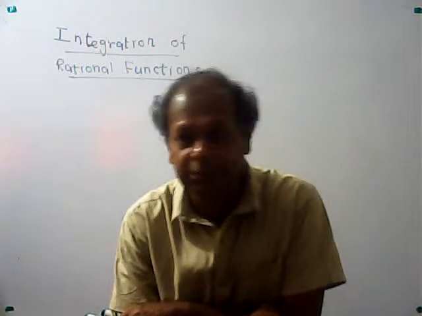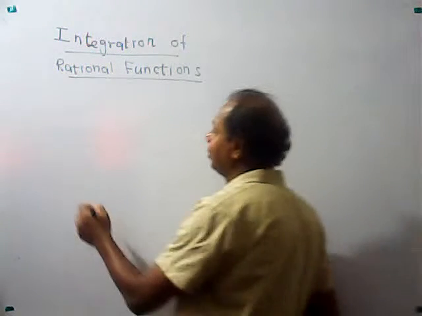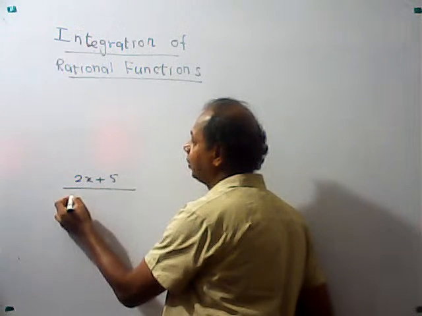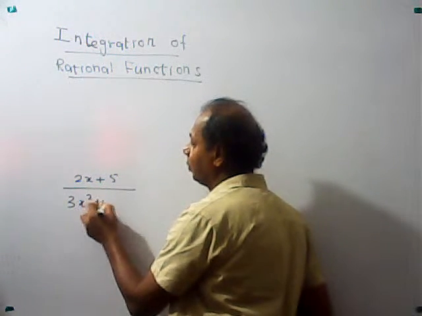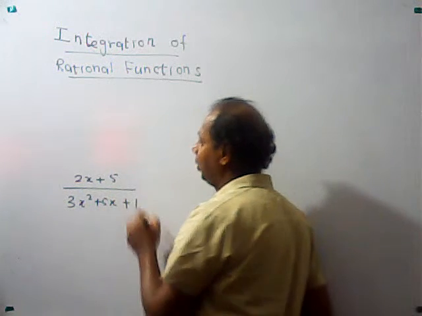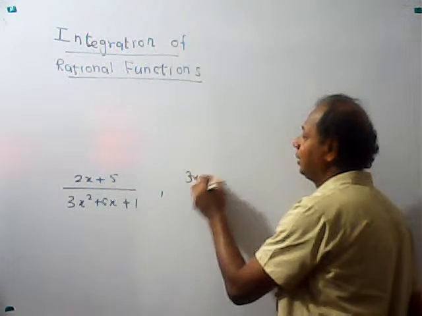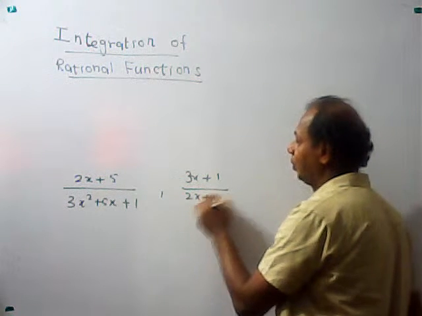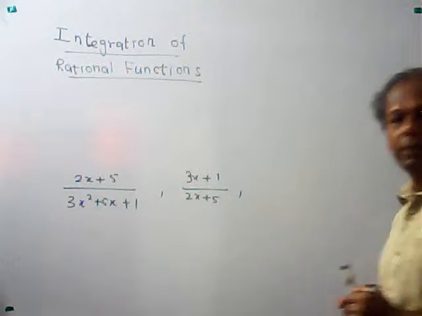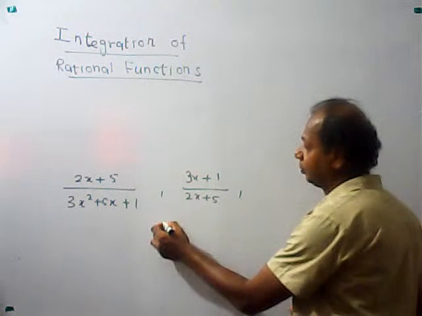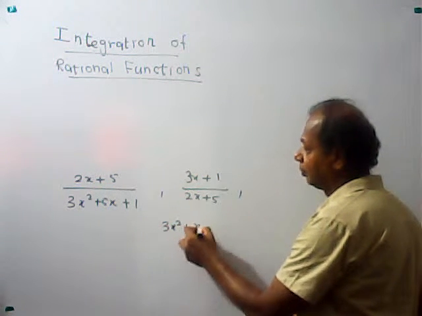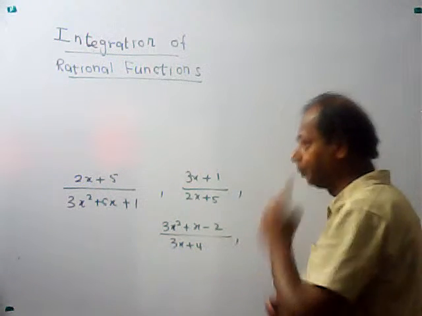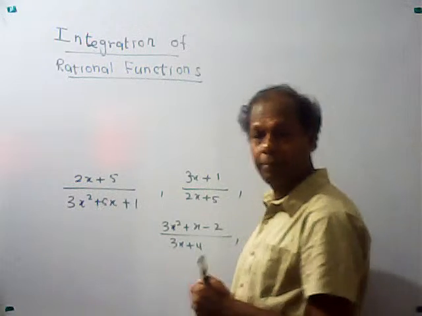A rational function can be something like a linear over a quadratic, for example, or a linear over another linear, or a quadratic over a linear one, or a quadratic over a cubic function.